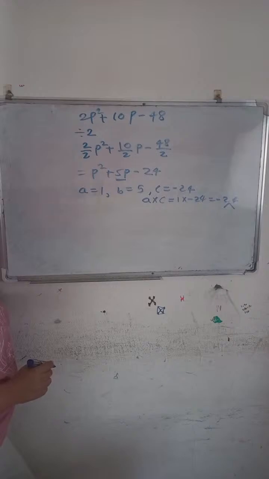How will you get 24? What are the factors? Can someone type how to take factors of 24 in such a way that their addition should be 5? Does anyone know, those who are present here? Can you type?